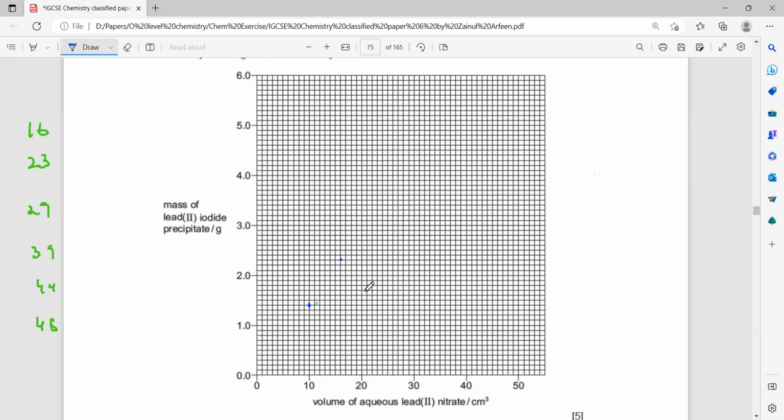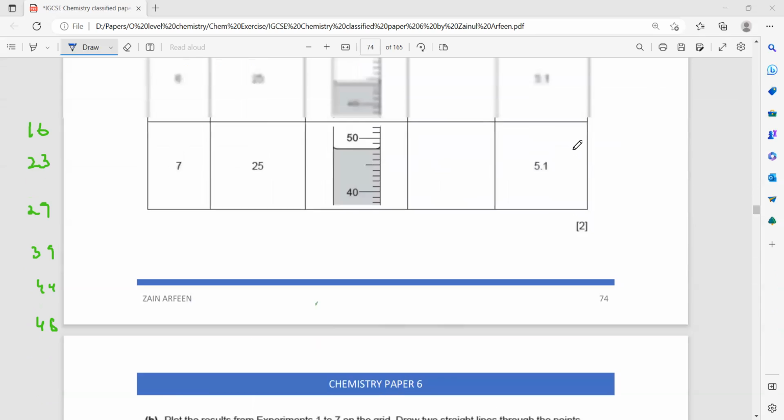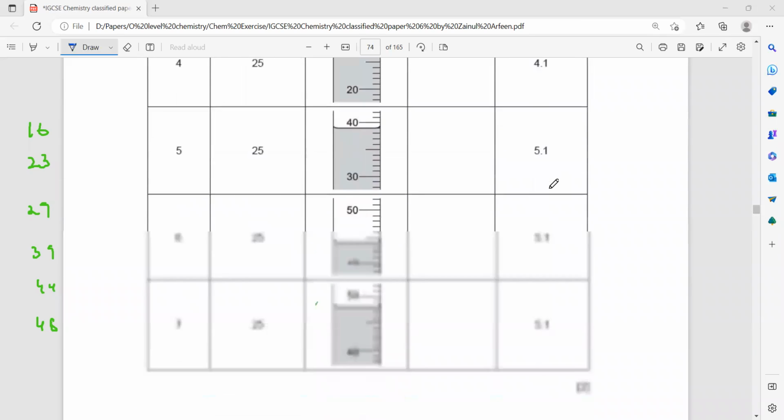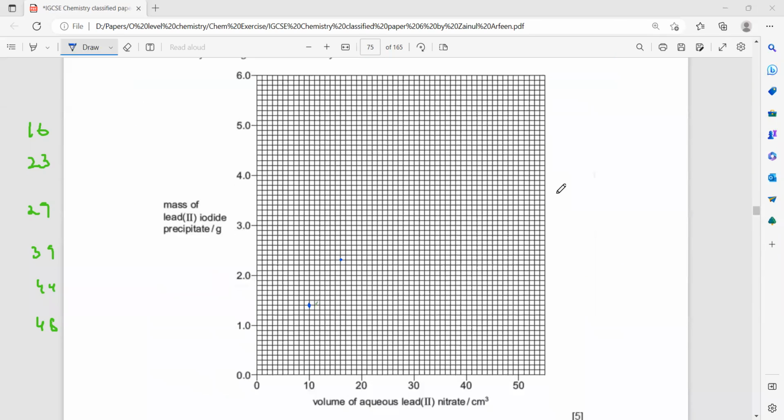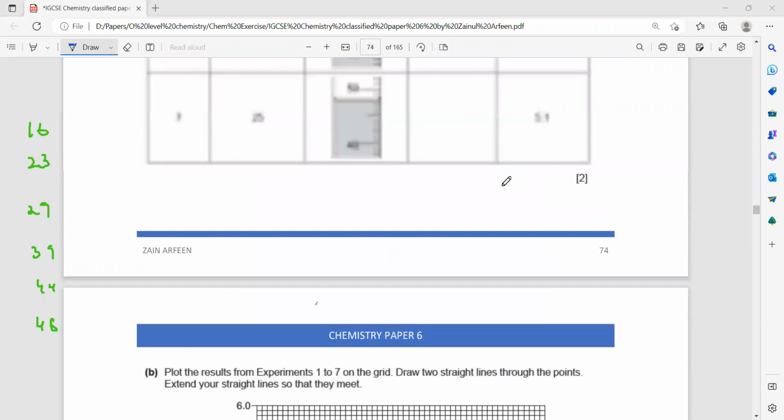The next one is 23 and 3.3. So 3.1, 2, and 3, and along to 23. So this will be 23 and 3.3.